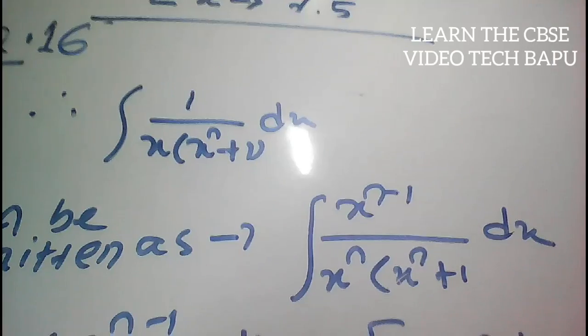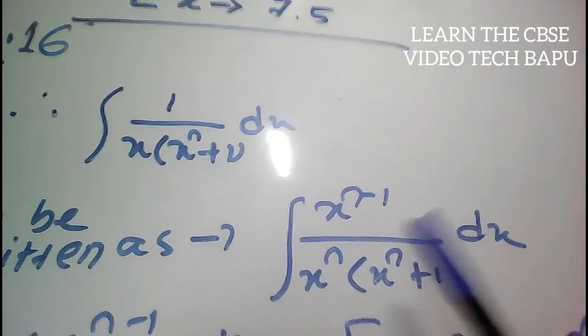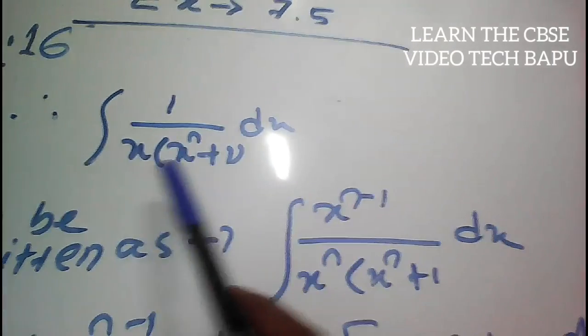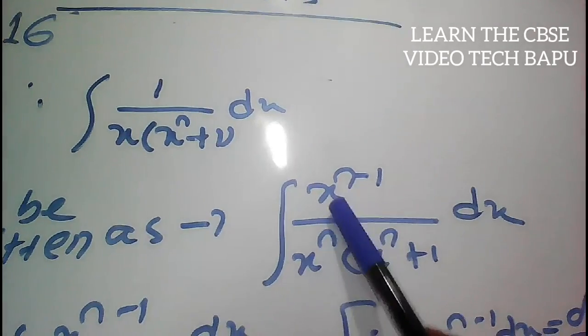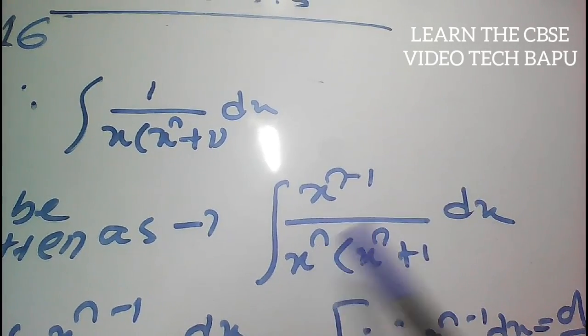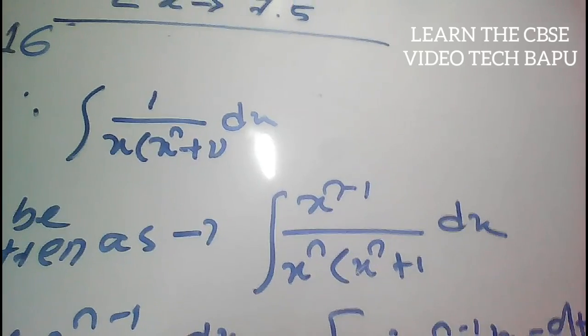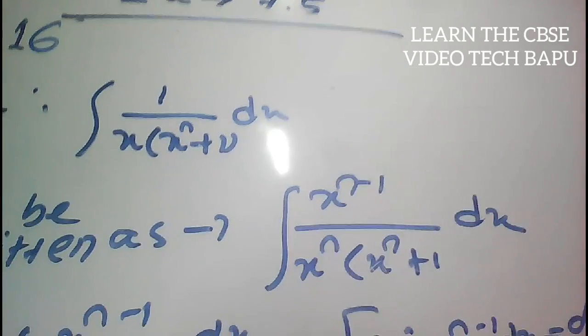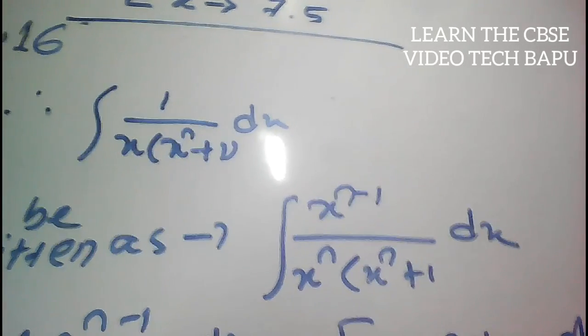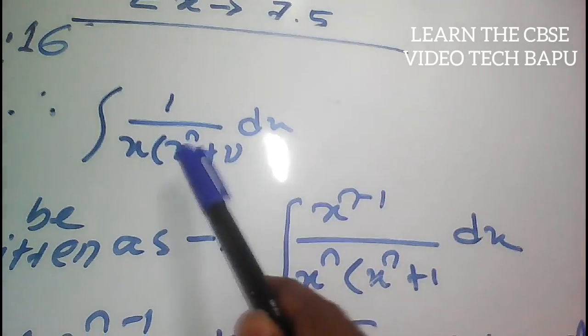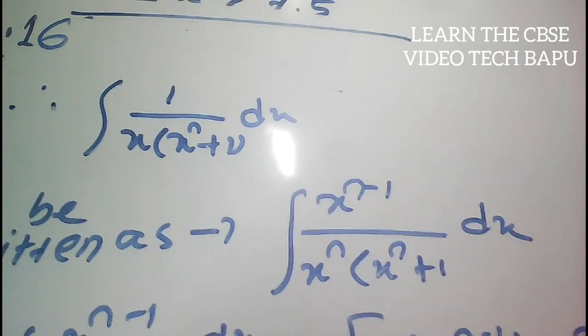Okay. As you can see, the question can be written as 1 by x into x to the power n plus 1, which can be written as x to the power n minus 1 dx by x to the power n into x to the power n plus 1. You will have some doubts, so I can clear these doubts on how this value is converted into this value.